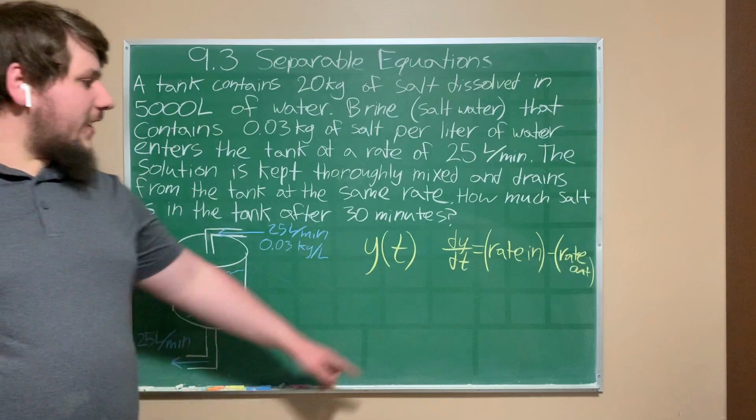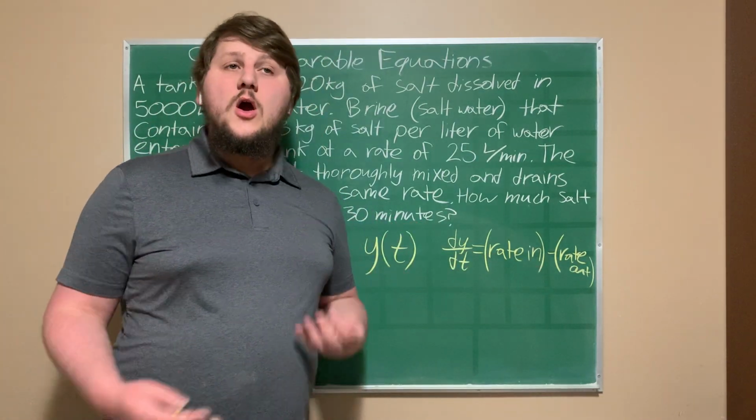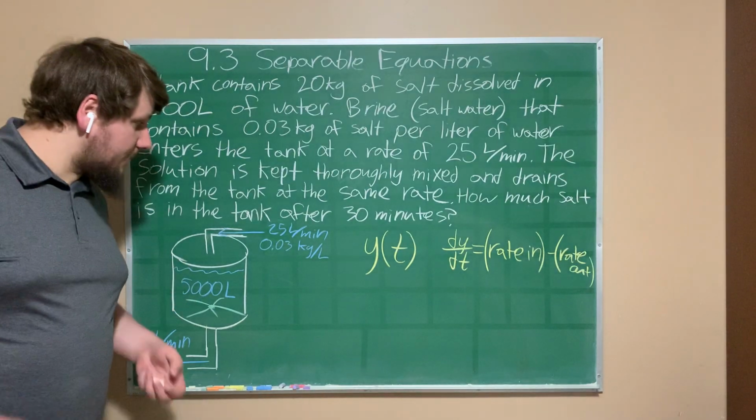So if we have the rate at which salt is entering the tank and the rate at which salt is leaving the tank, we have, when we subtract them, the total rate of change of salt in the tank. So let's see if we can figure this out. How quickly is salt entering the tank? Now we just want salt itself, not water here.